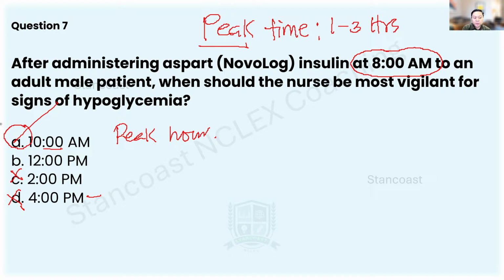So this is not really the time to check for hypoglycemia. It has already passed, guys. So take note about the peak time. This is the most critical period that you should be evaluating your patient. You got to make sure that you're assessing them for any signs and symptoms of hypoglycemia.